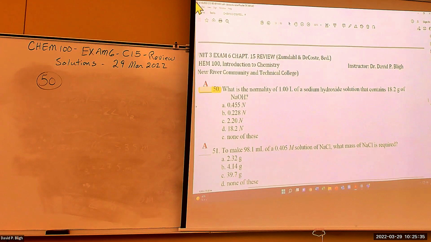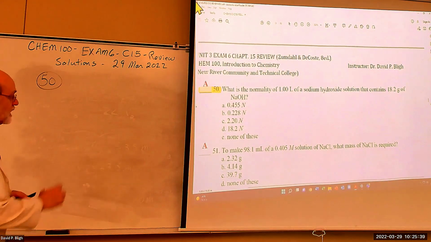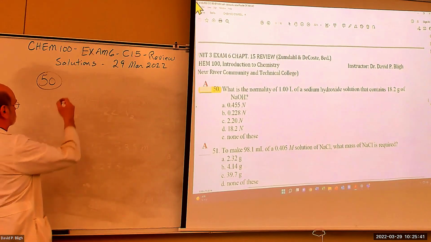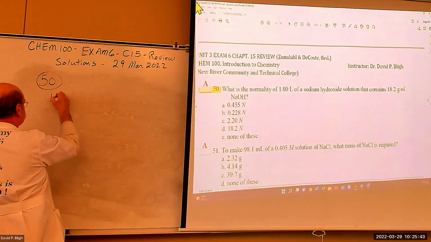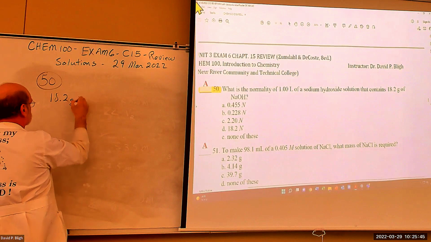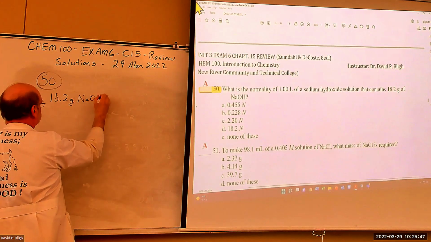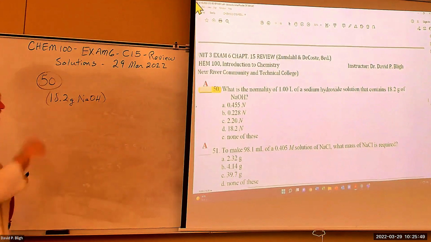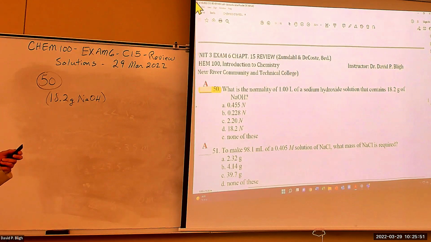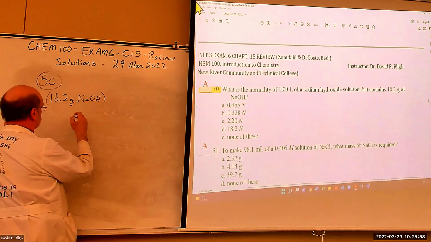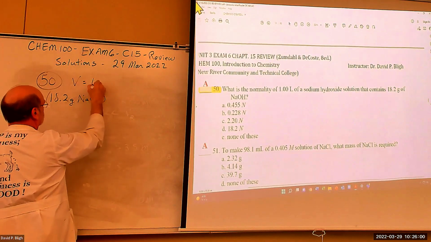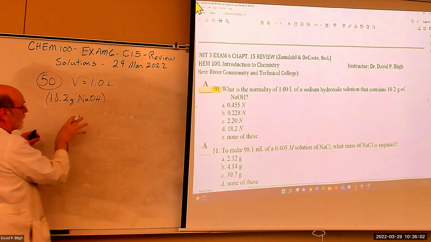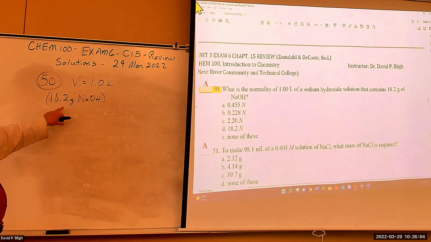What's the normality of 1 liter of sodium hydroxide solution that contains 18.2 grams of sodium hydroxide? So we've got 18.2 grams of sodium hydroxide in 1 liter. So the volume is 1 liter. So really all we need to know is moles.